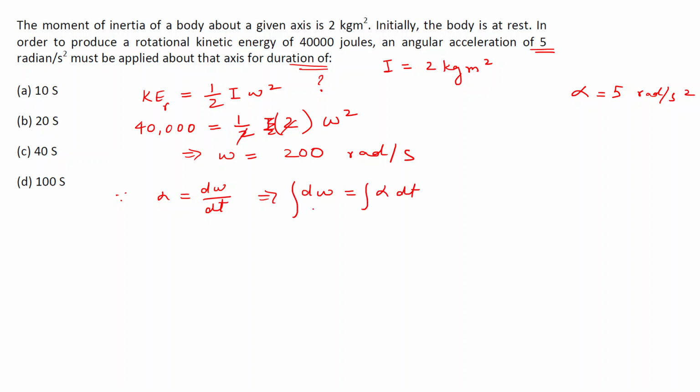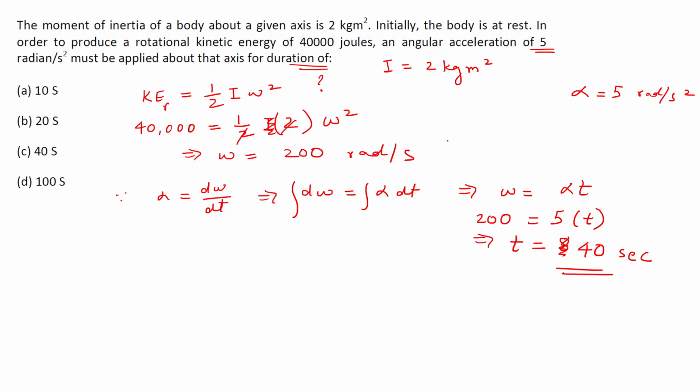We'll integrate and we'll get omega is equal to alpha t. Omega we have, which is 200, alpha we have 5, and we need to find t, which is what is asked in the question. Thus the time will be 40 seconds.